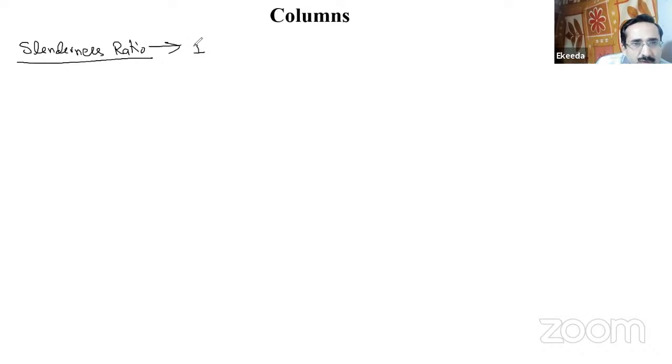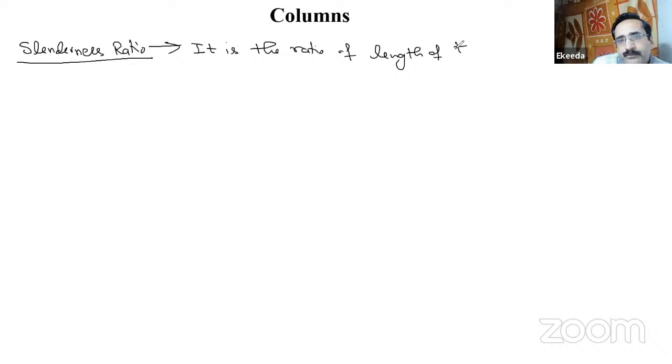It is the ratio of the length of the column to the minimum radius of gyration.